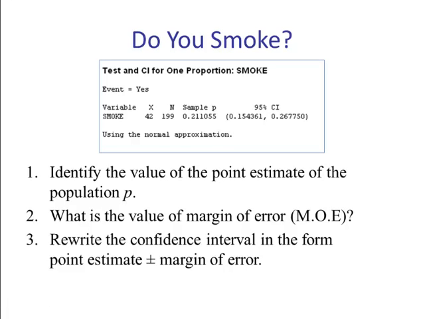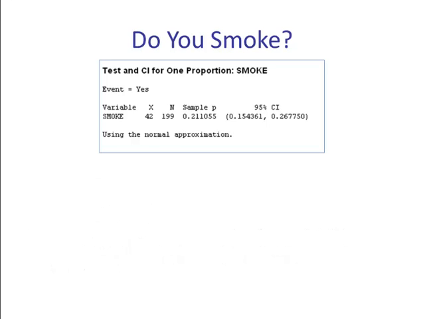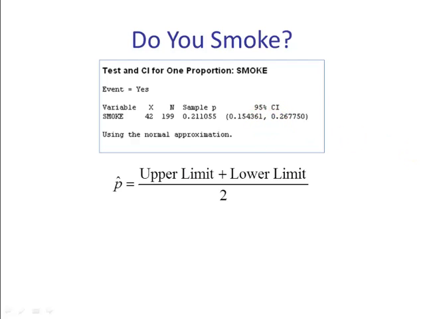Let's begin with finding the point estimate. The point estimate of P is P hat, and P hat is exactly in the middle of the confidence interval. So what we can do is just take an average. We're going to take our upper limit, add our lower limit, and then divide it by 2.